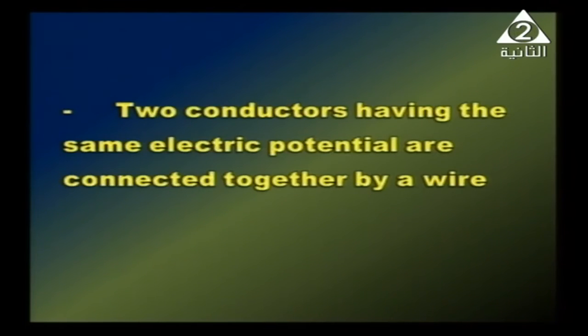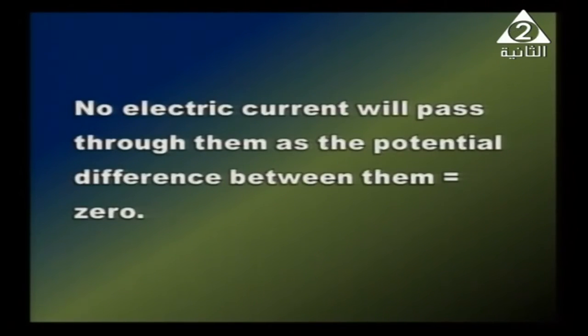What will happen if two conductors having the same electric potential are connected together by a wire? No electric current will pass through them, as the potential difference between them equals 0.